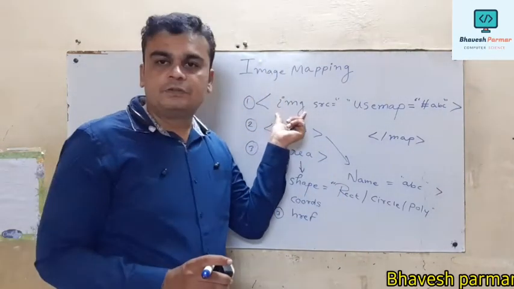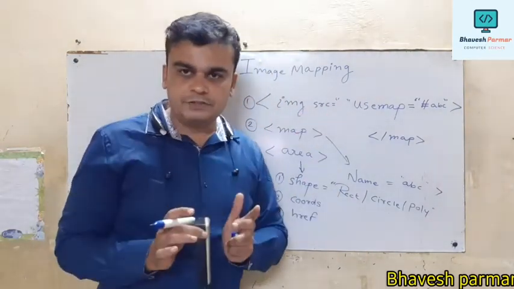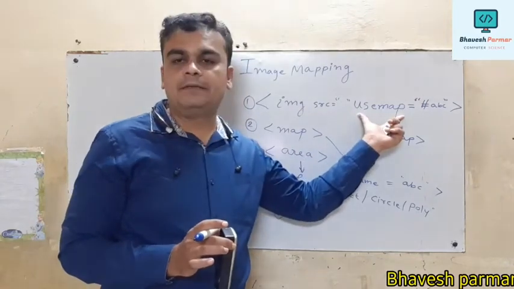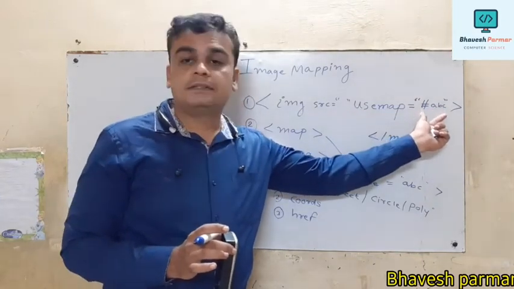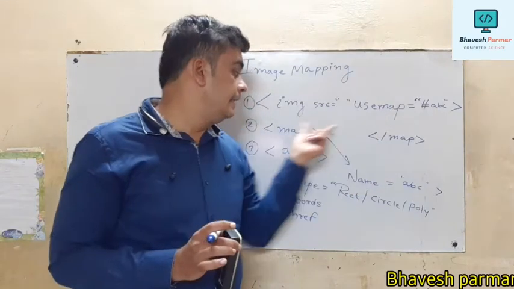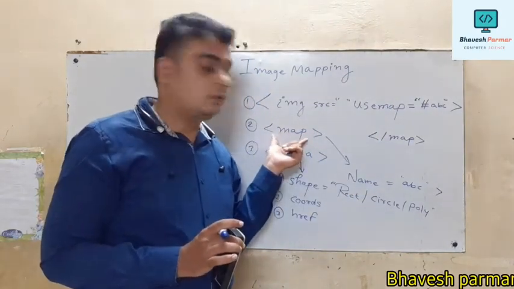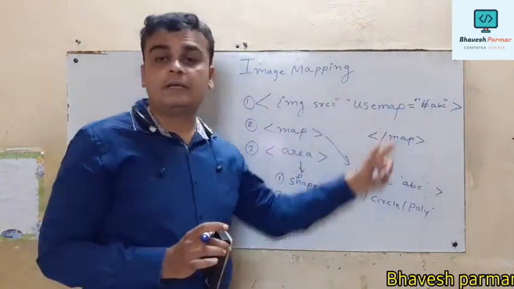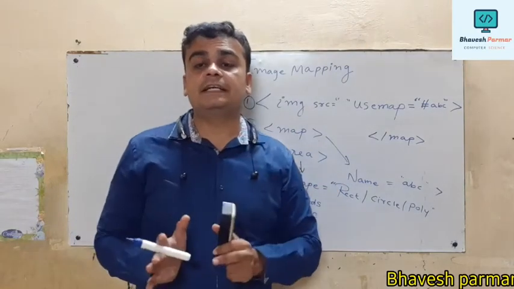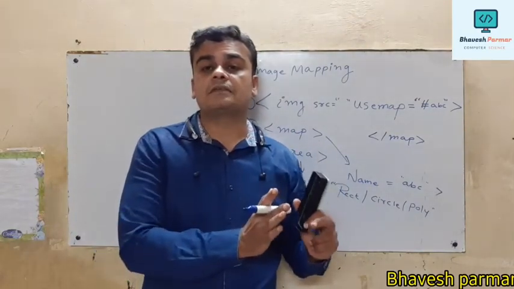The IMG tag is used to load the image, then the usemap attribute followed by this label, and this label links with the map tag. So I can use that particular image. That image creates various sections.